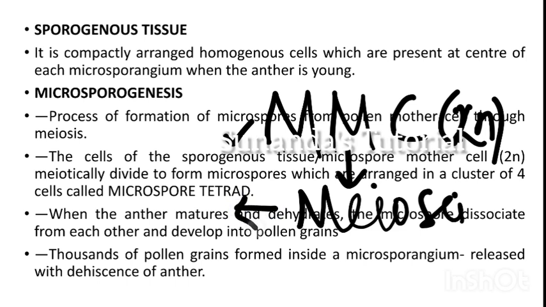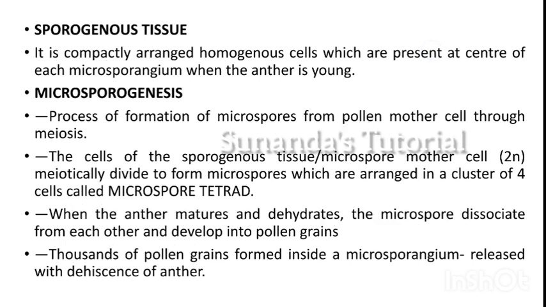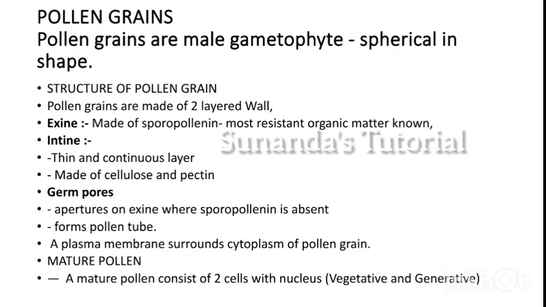Then it undergoes meiosis to form haploid microspores or pollen grains. The process of formation of pollen grains or microspores from the microspore mother cell or pollen mother cell is called microsporogenesis. Then the pollen grain is called the male gametophyte.